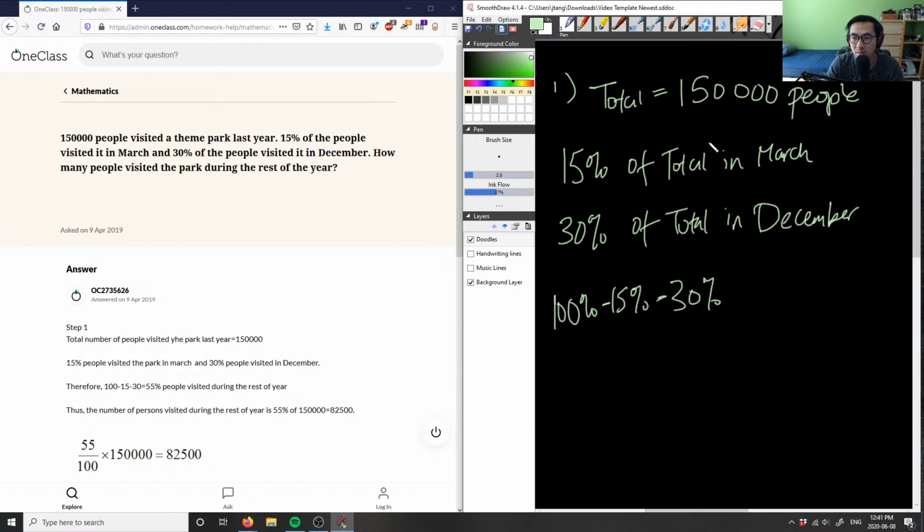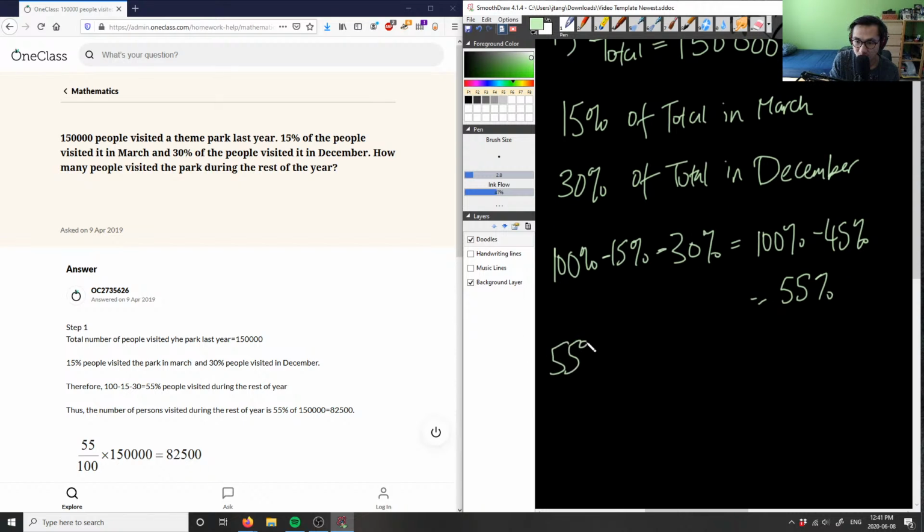Because we have 15% of the people in March and 30% of the people in December. So this expression, 100% minus 15% minus 30%, will give us the amount of people that visited in the months that are not March and December. So this is simply 100% minus 45%, which gives me 55%.